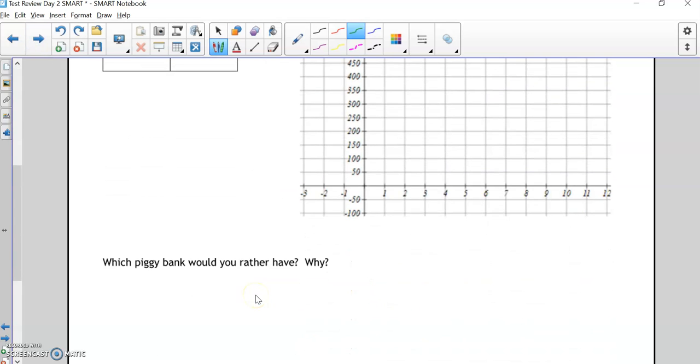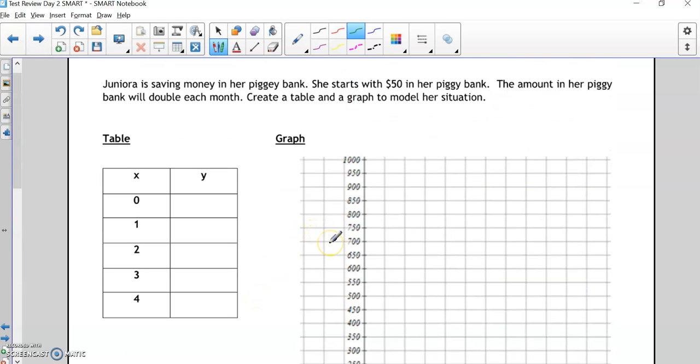Alright, so this is another alternate way Juniora could save money. It's kind of similar to the last one, but a little bit different. And now because we haven't learned about this particular type of equation, we're not going to set up the equation, but we can model her situation anyway, just because we know how to double things, right? So she starts with $50, so we'll throw $50 in there at month 0, and every month she's going to double it.